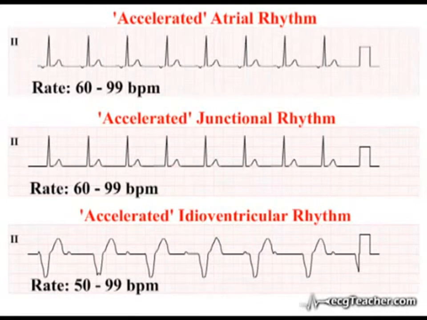Provided the rate lies below 100 beats per minute, this is categorized as an accelerated rhythm. Of course, once the rate rises to 100 beats per minute or above, the rhythm is designated a tachycardia.